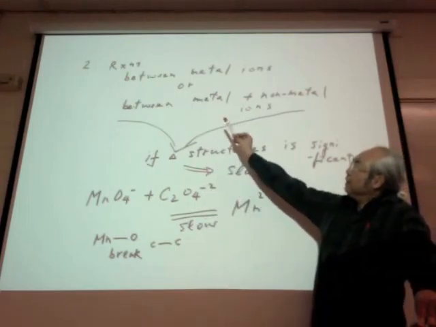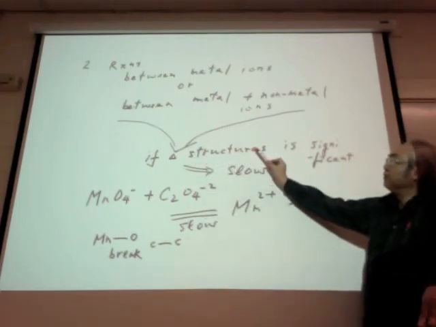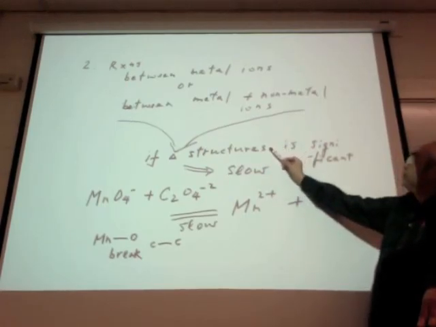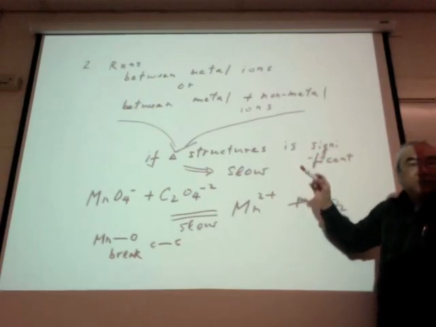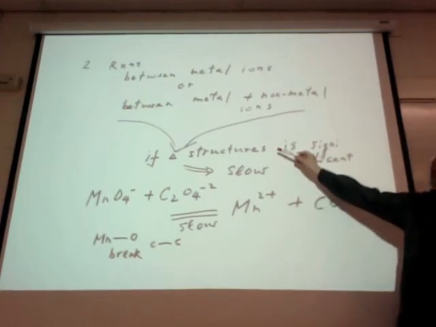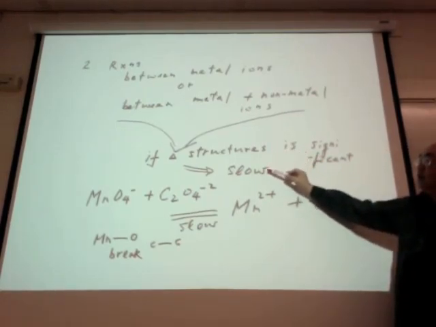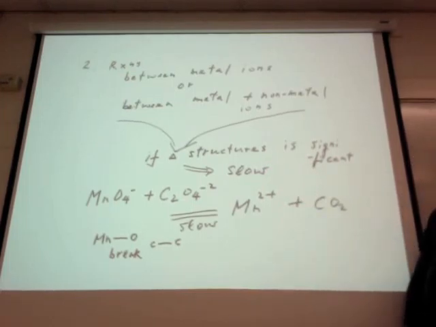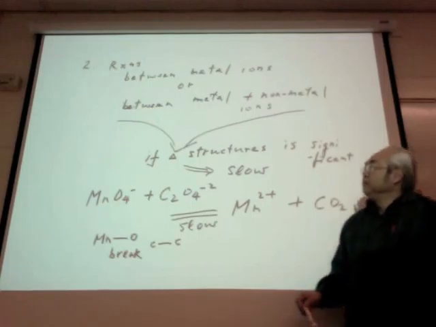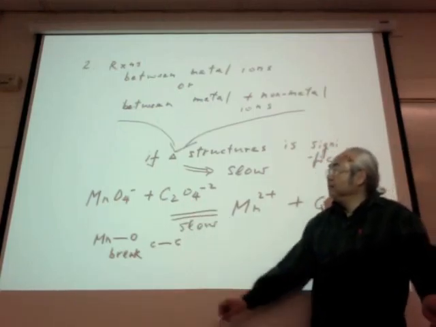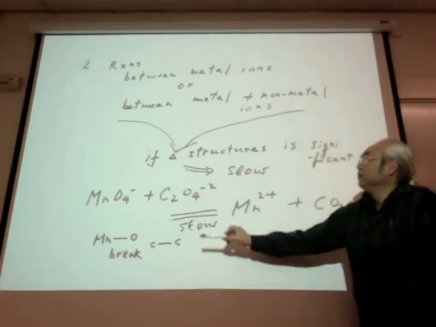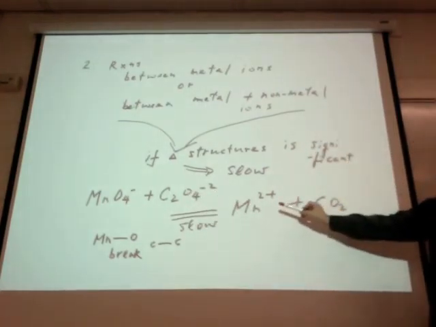Here is the generalization based on the structures of the chemical formula. If the structures are more complicated, then your prediction will be a slow reaction. So, for example, here, these 2 reactants, then the products.